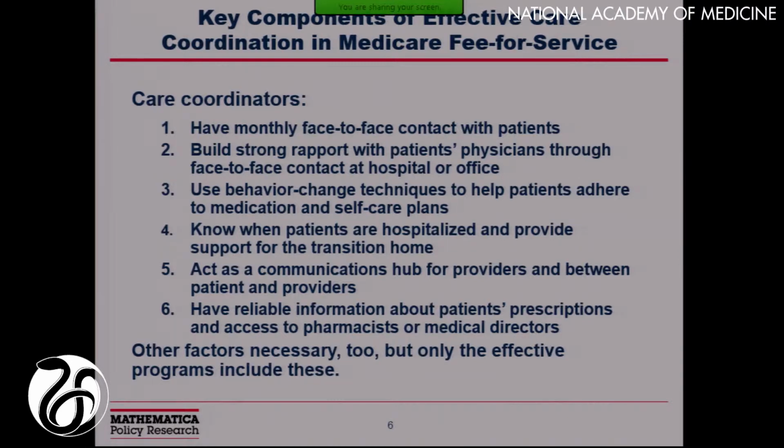They built strong rapport with patients and physicians through face-to-face contact in the hospital or by going to the office visits with the patient. They used behavior change techniques, not just patient education, but they used readiness to change or motivational interviewing to really engage the patient in changing and overcoming the particular barriers that they were facing to doing the self-care that they needed to do to get better and to keep from declining faster.